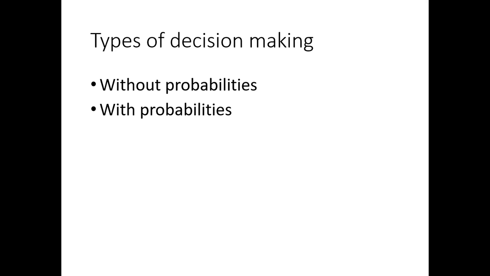It's a possibility that there may be rain tomorrow or not, but we are not using any mathematical tool to make an estimate that there is a 30% chance that it will rain tomorrow and a 70% chance that it will not. So if we do not use mathematics to calculate chance, it is called without probability. I am making it as simple as possible to understand.